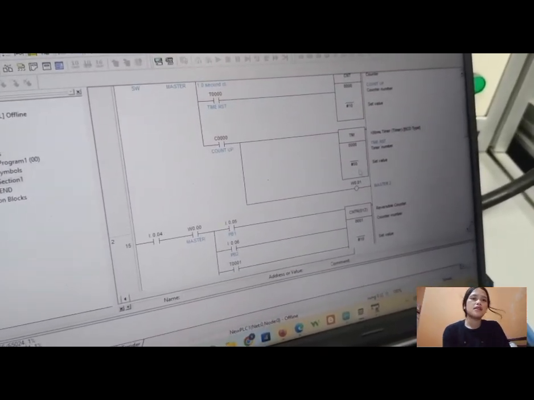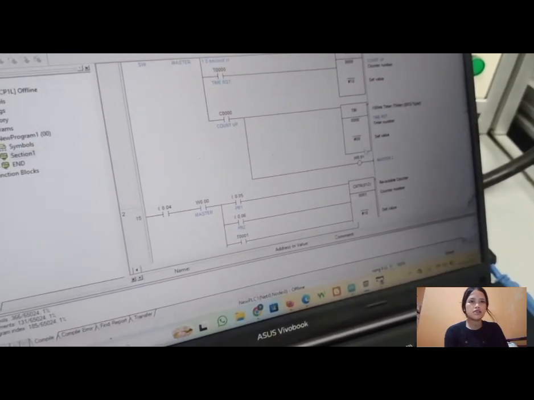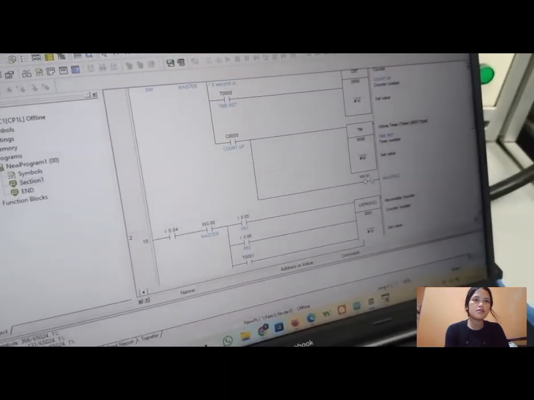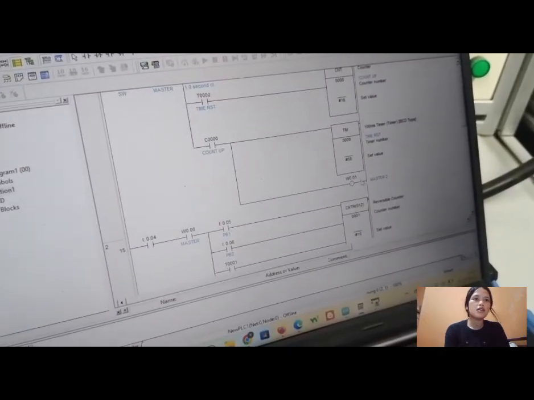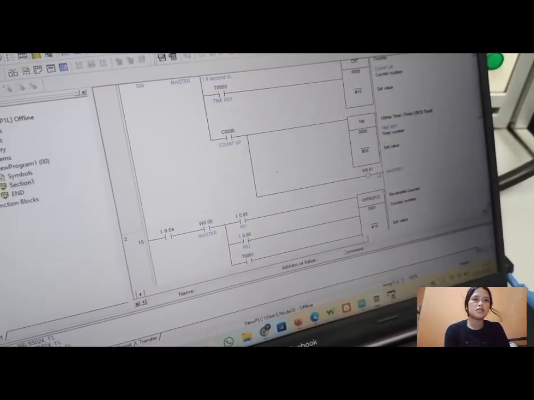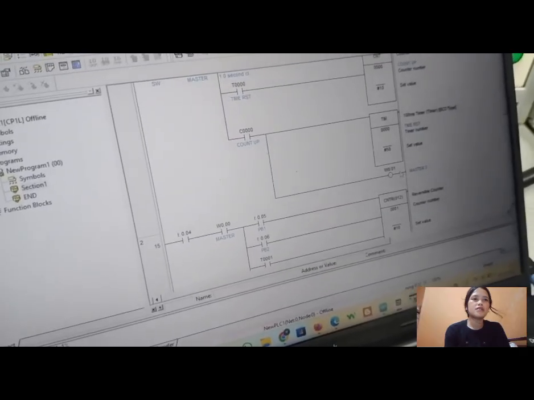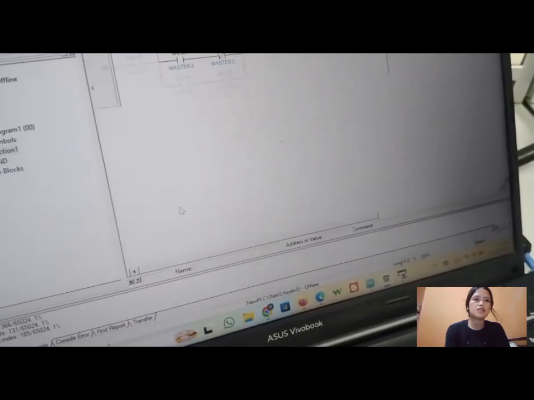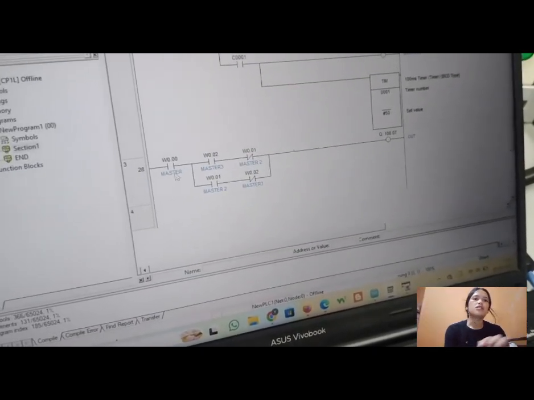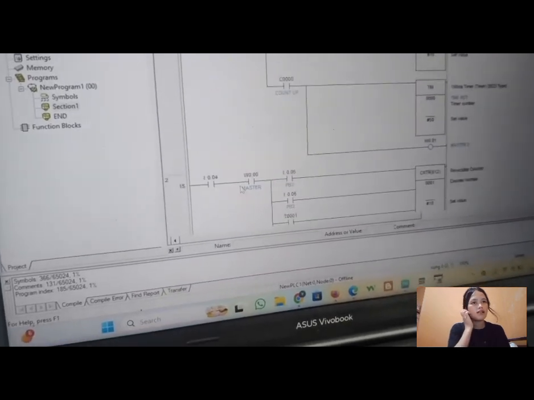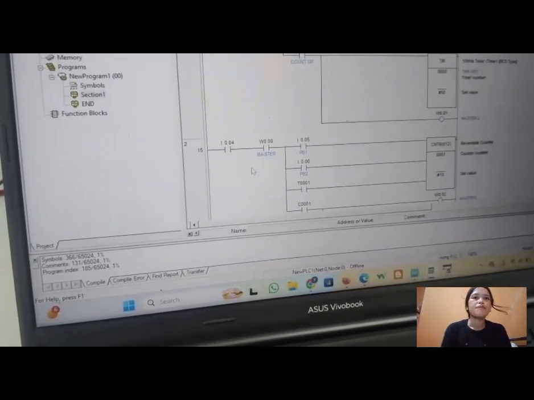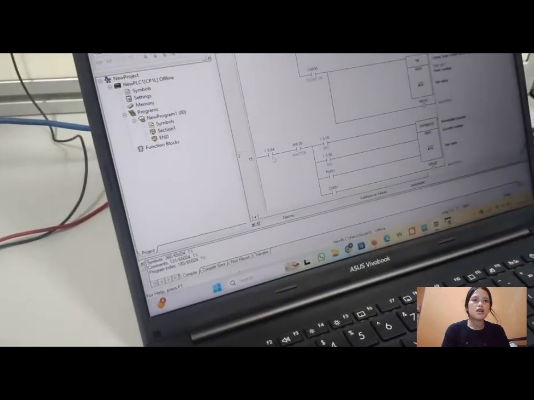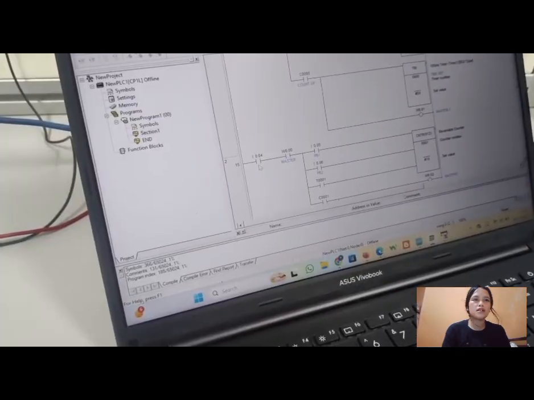Ladder circuit and PLC trainer board connection. On the PLC trainer board, the ladder diagram containing the CNT or CNTR instruction is implemented using input devices such as push buttons or sensors connected to the PLC's input terminals, and output devices like indicator lamps or pneumatic actuators connected to the output terminals.